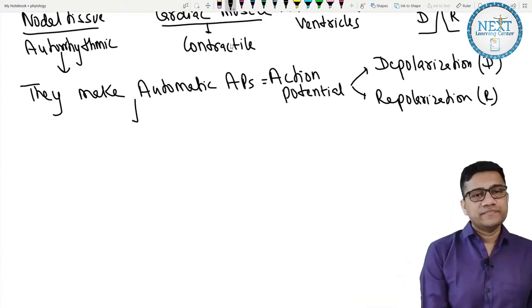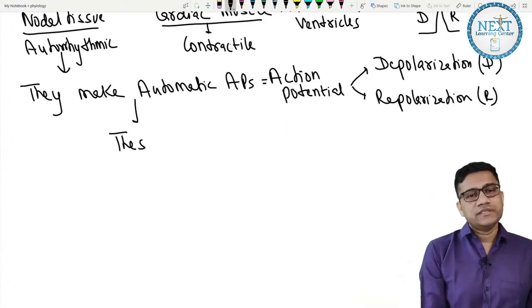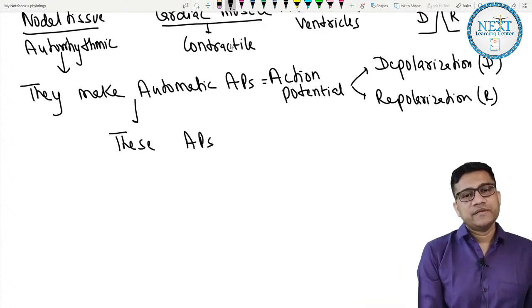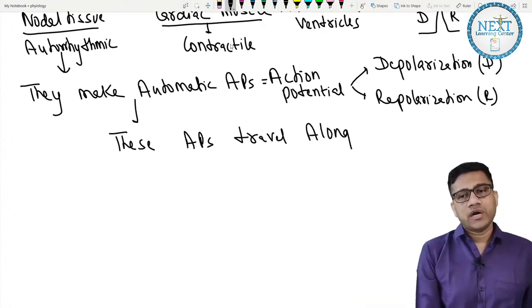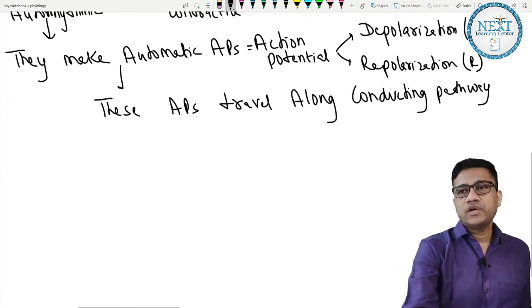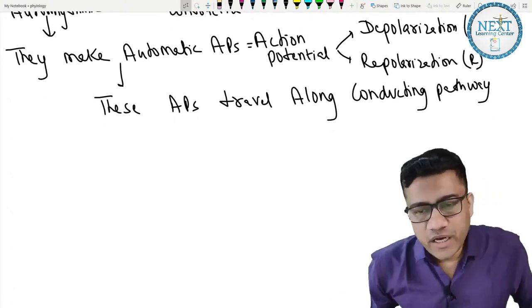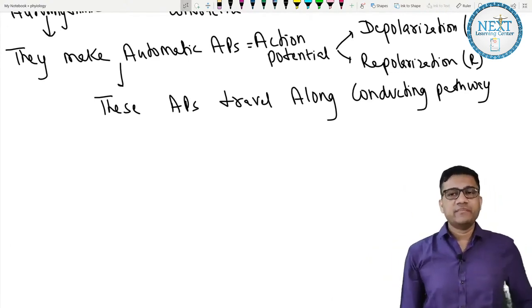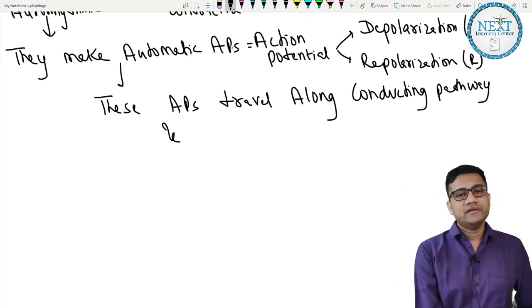Now what happens? These APs travel along the conducting pathway and reach cardiac muscle.